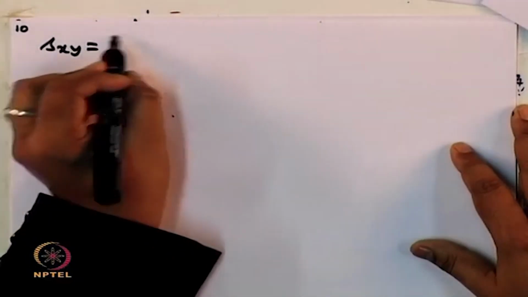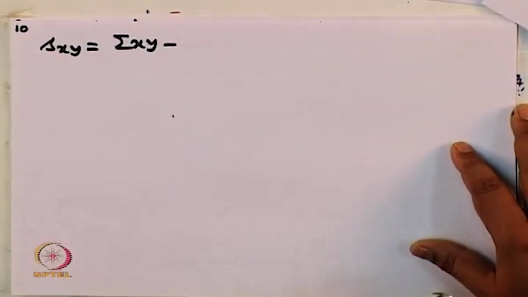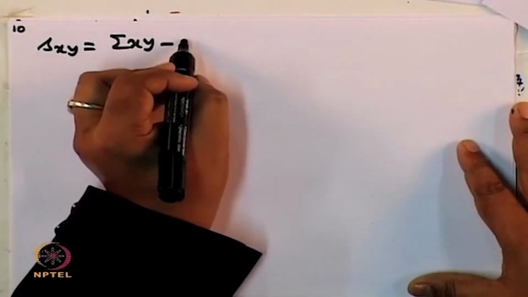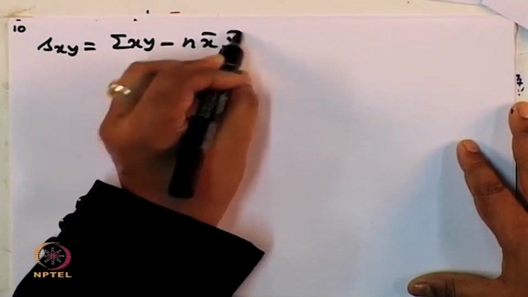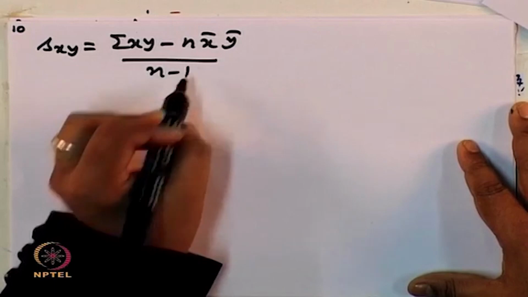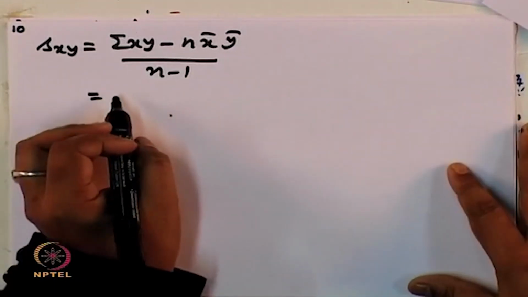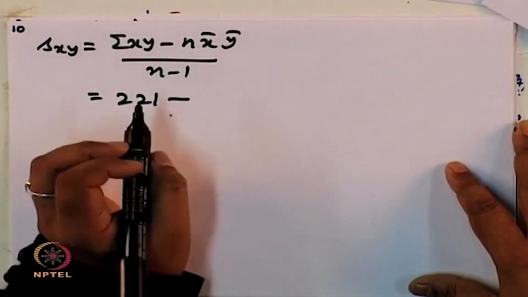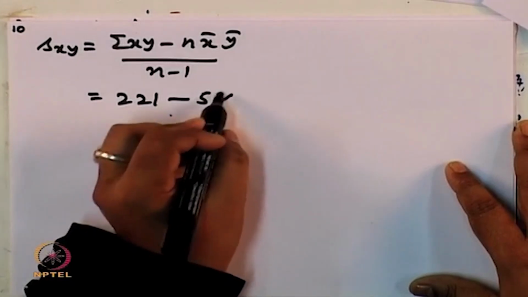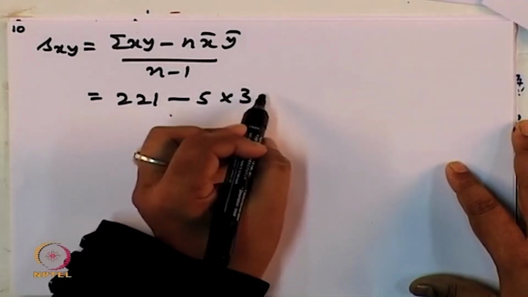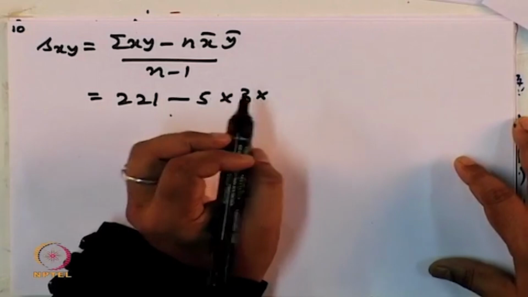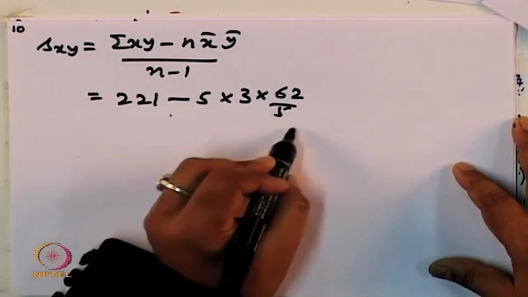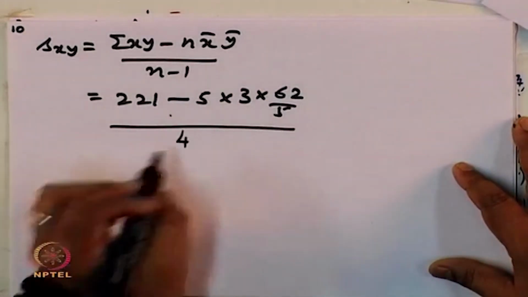So, I can find the expression for s x y. s x y is equal to summation x y minus n x bar y bar, divided by n minus 1. Summation x y is 221, minus n is 5, x bar is 3, into y bar is 62 by 5, whole divided by n minus 1, which is 4.